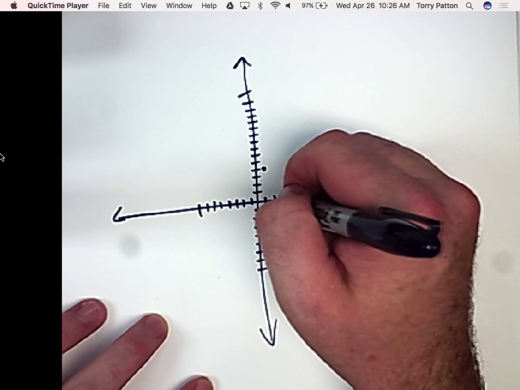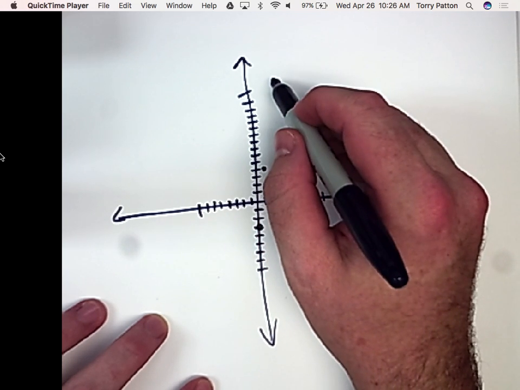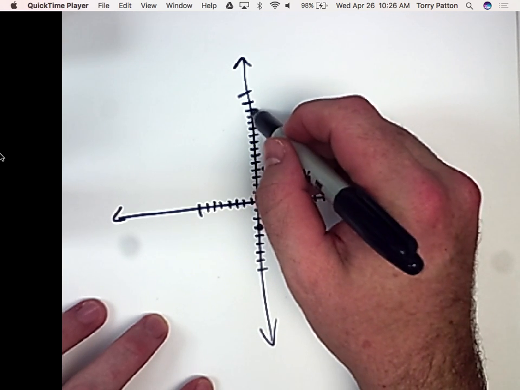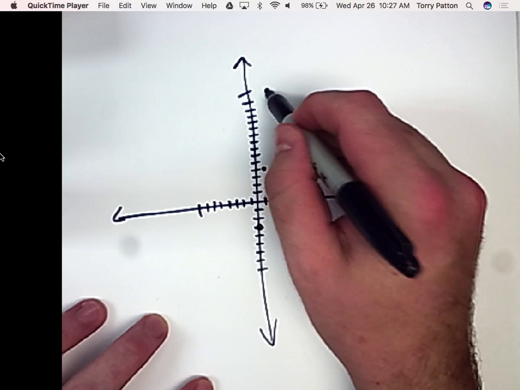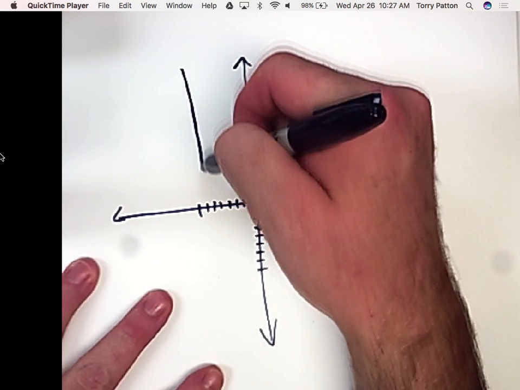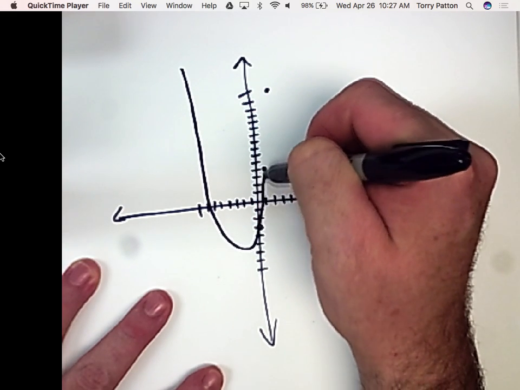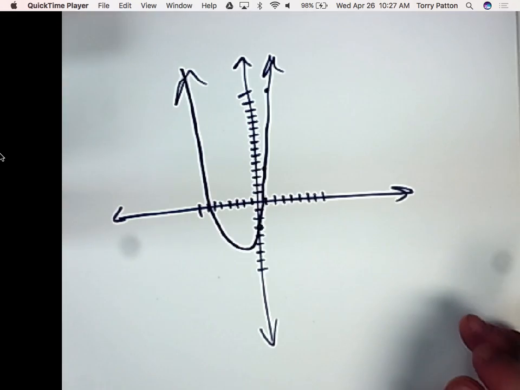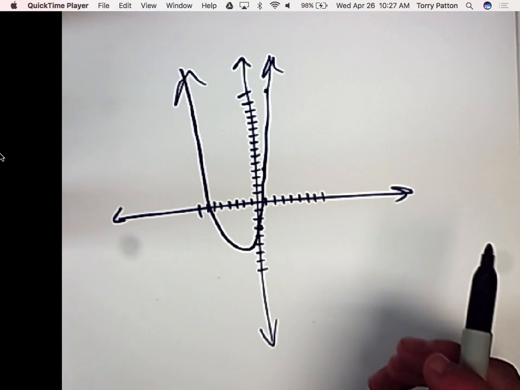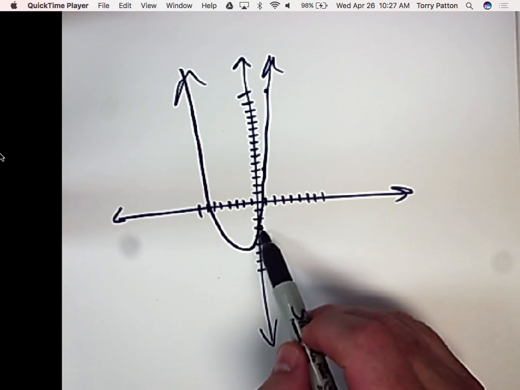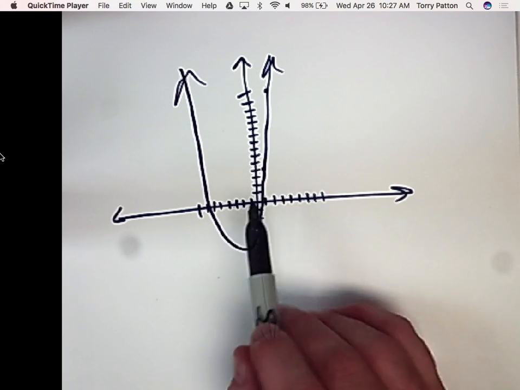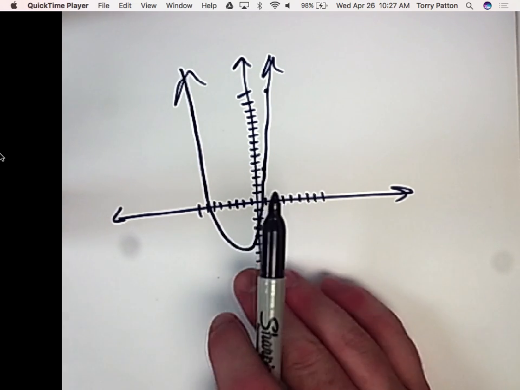And we had 2, 15. Plotting those, you can see that it has to be like that. You could check, it opens up because A was positive, right? Y-intercept is negative 3. And you could figure out what the vertex is from that and check that as well.